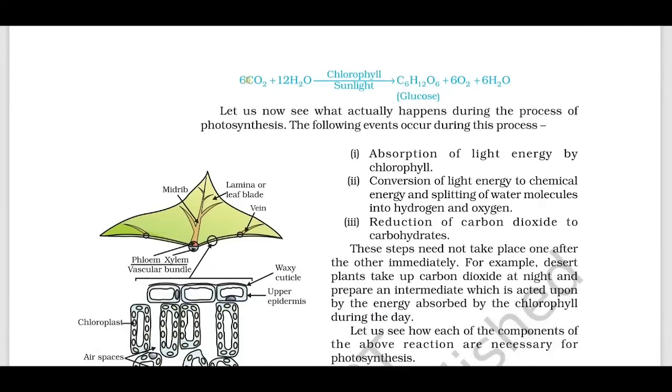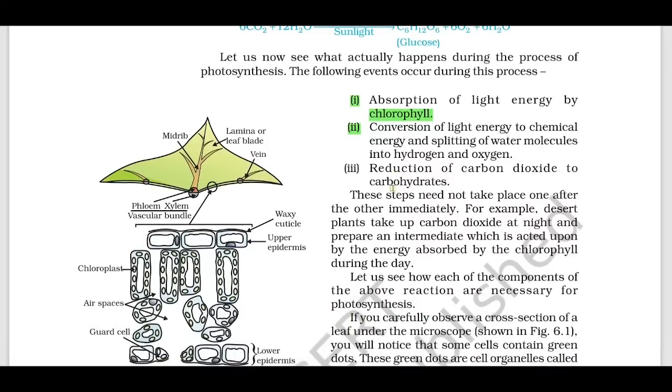And for a 3 mark question, events that take place during photosynthesis, that is absorption of light energy by chlorophyll, conversion of light energy to chemical energy, and splitting water molecules into hydrogen and oxygen, reduction of carbon dioxide to carbohydrates. These are the 3 events that take place during photosynthesis.